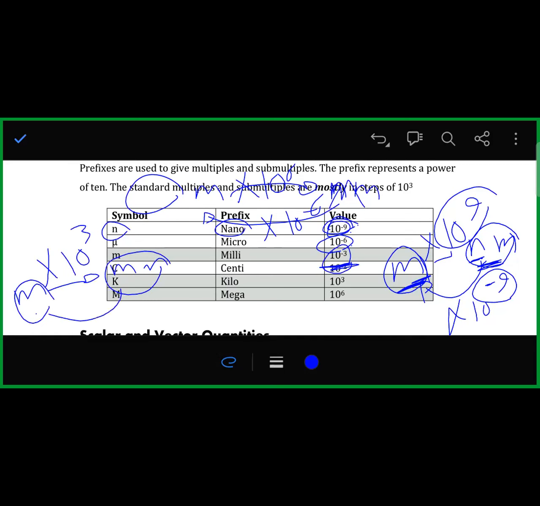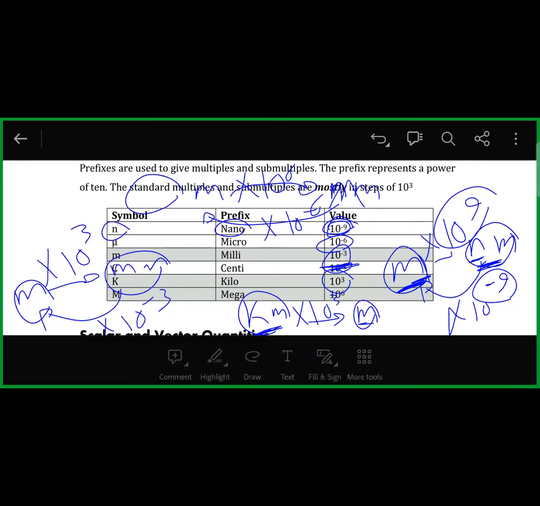From smallest to greatest, negative 3. Okay? From kilometer to meter. What is the greatest, kilometer or meter? Kilometer. Okay, so from kilometer to meter, times 10 to the power 3, from greatest to smallest. Okay?